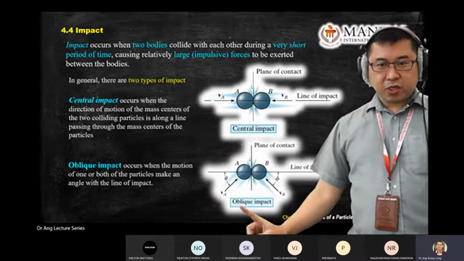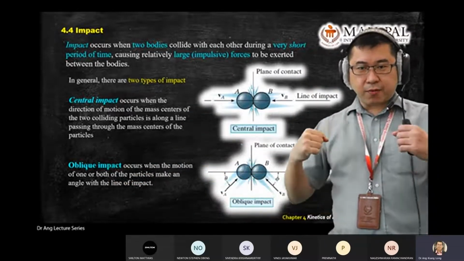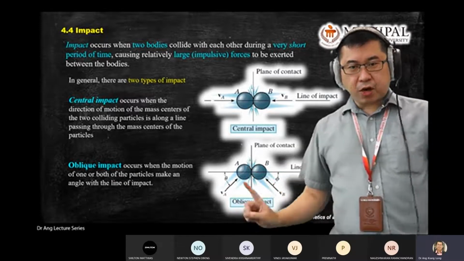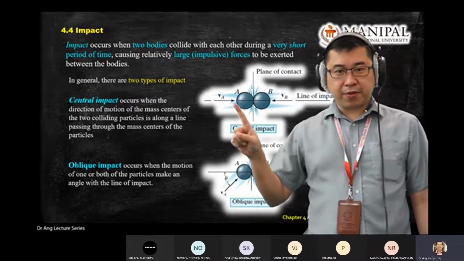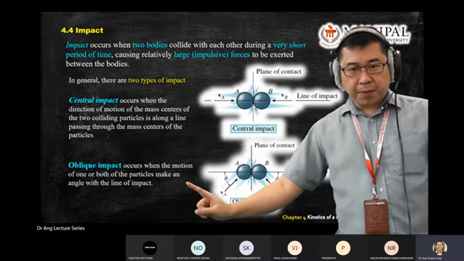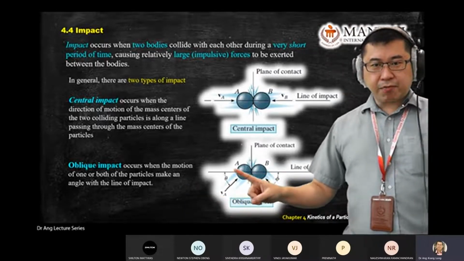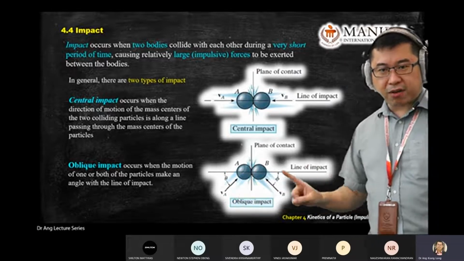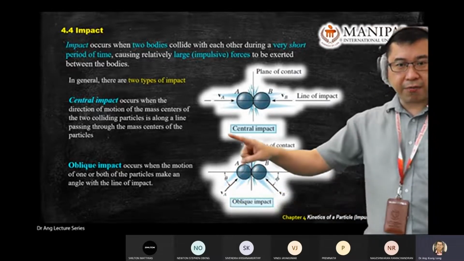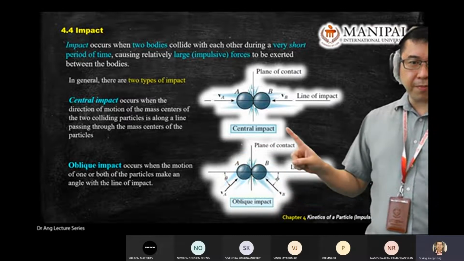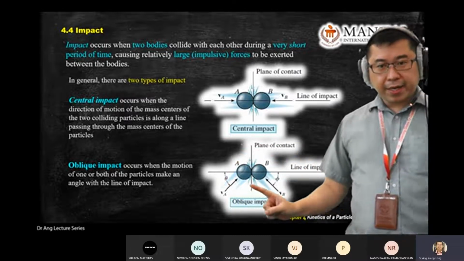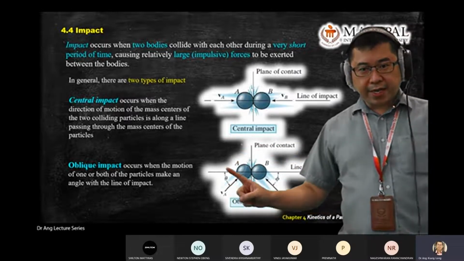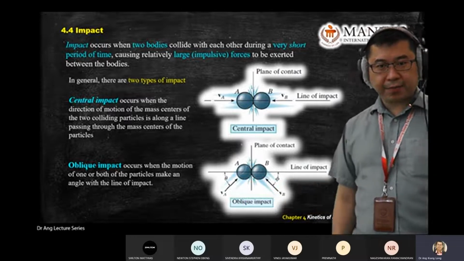Oblique is two objects meeting each other at one point, but the original direction is a little bit different from the central. In oblique impact, both of them come with a certain angle referring to the line of impact. It can be from the top, from the left or right, but there will be an angle from the line of impact.